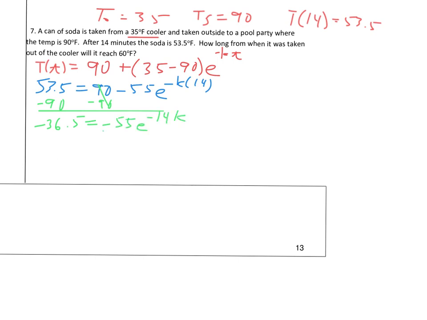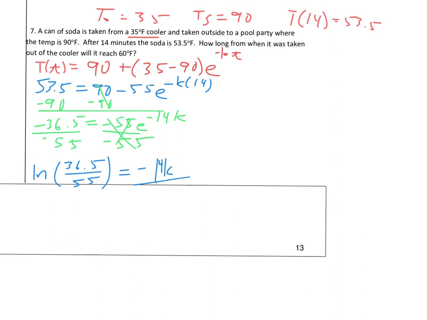And then we will divide both sides by negative 55. I'm just going to leave that as a fraction on the left-hand side. And now I'm ready to switch it into log form since I've isolated the e. So it's going to be ln of, and I'm just going to write that then as positive 36.5 over 55, since a negative divided by negative is positive, equals negative 14k.